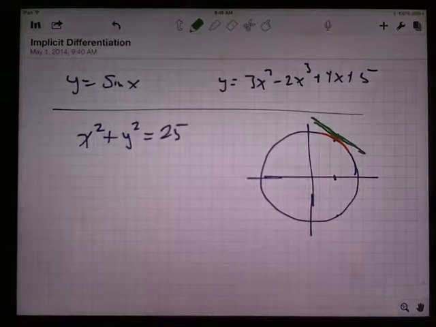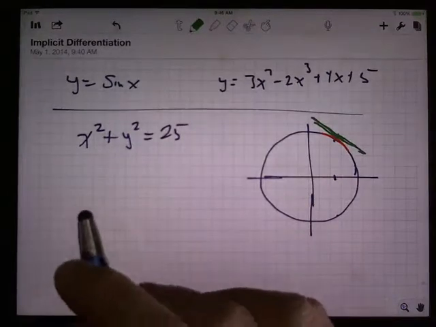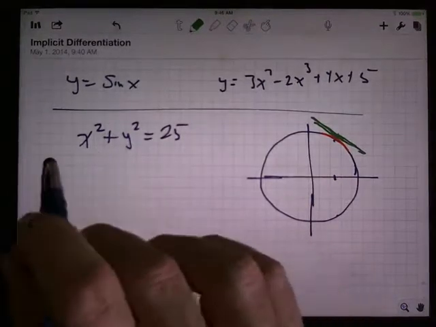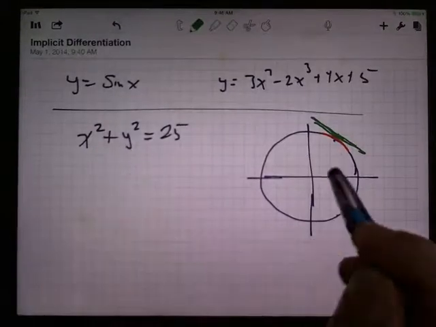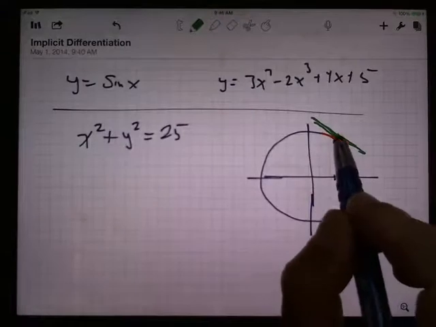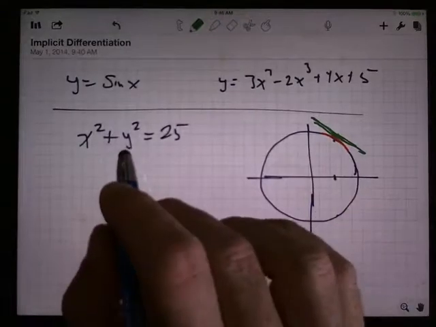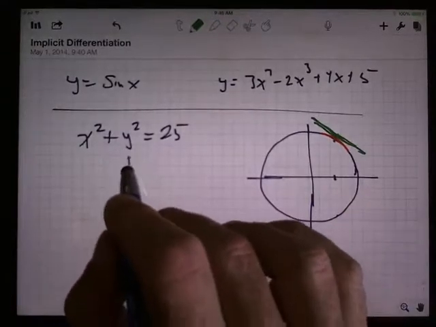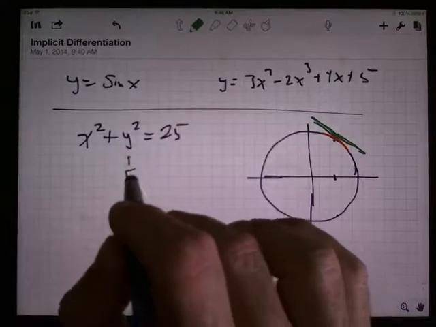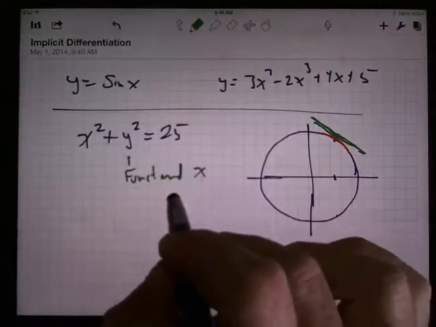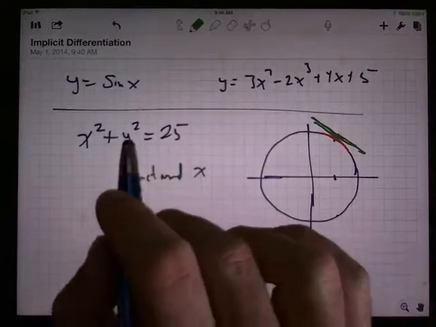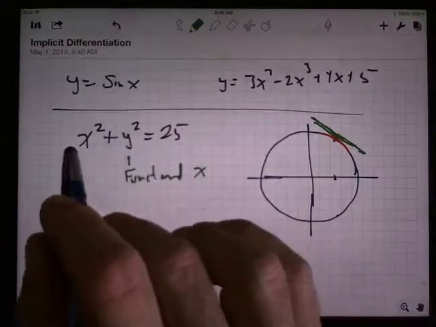And here's the way we do this. What we essentially say is, if y is a function of x, at least locally here, then y is a function of x. Y squared is also a function of x.